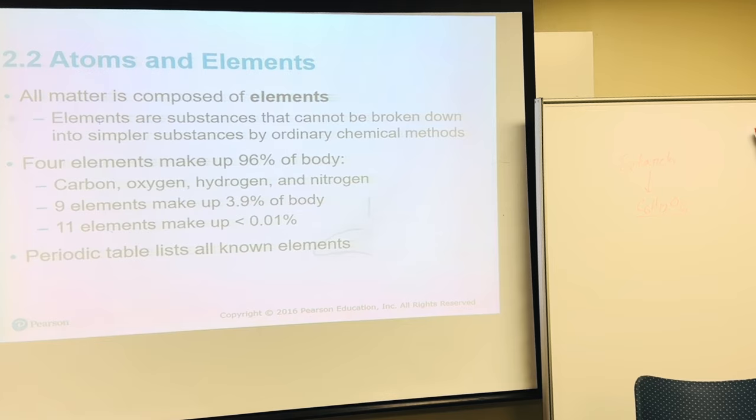If you think about your bone, what is the most important mineral in your bone? Calcium, right? So you can understand what we mean by that. Carbon, oxygen, hydrogen, and nitrogen are the 96% of the body, but the other 9, I could say other 20 elements, you also need in your body to do the proper function, right?